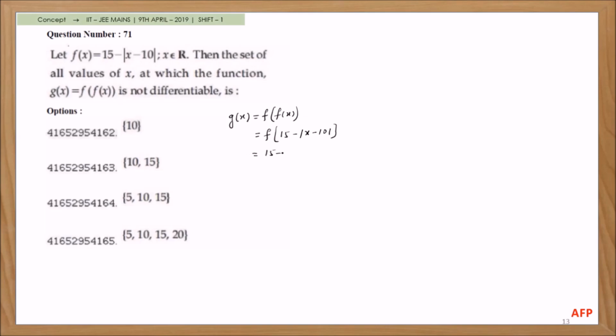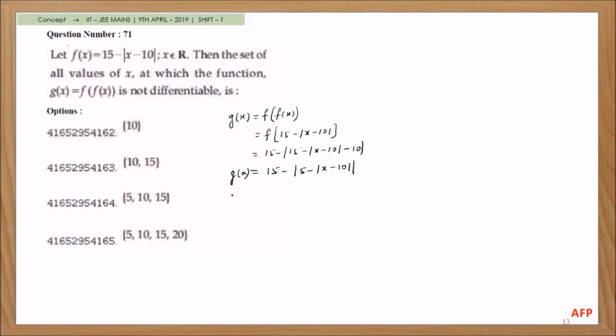Next 15 minus modulus of 15 minus modulus of x minus 10, minus 10 modulus. So this implies 15 minus modulus of 5 minus modulus of x minus 10. Okay, so this is what we got g of x.